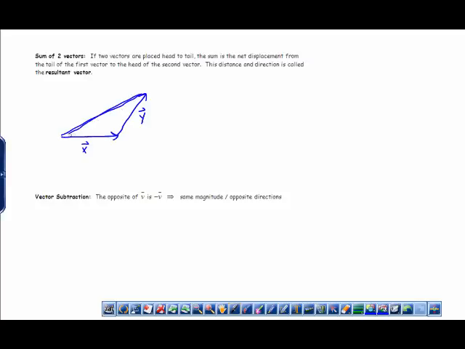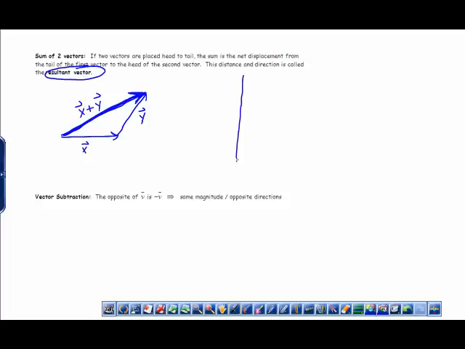Then the resultant vector, which is what this is kind of leading us to, is this net displacement, the total displacement from the tail of the first vector to the head of the second vector. This is called the resultant vector. Okay, and this is going to be vector x plus vector y. All right, now notice that this is not a right triangle, so we might have to bring in some law of sines, law of cosines stuff.